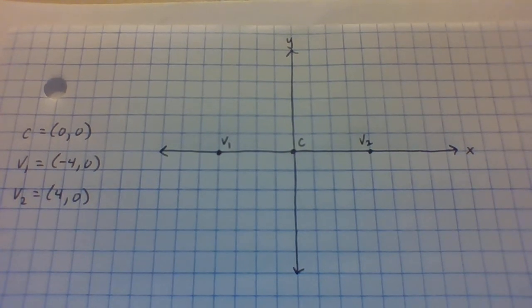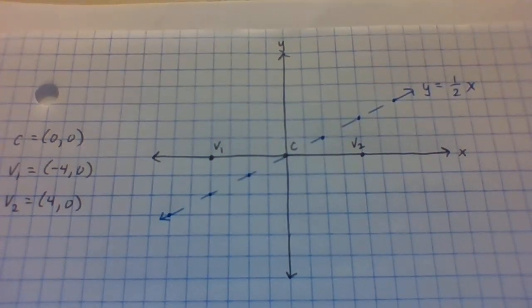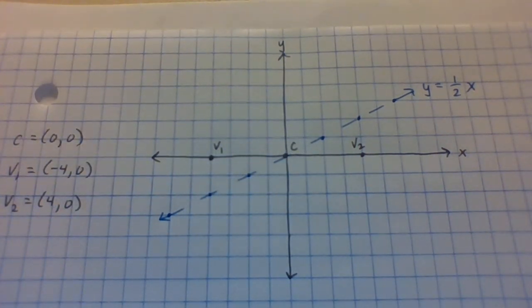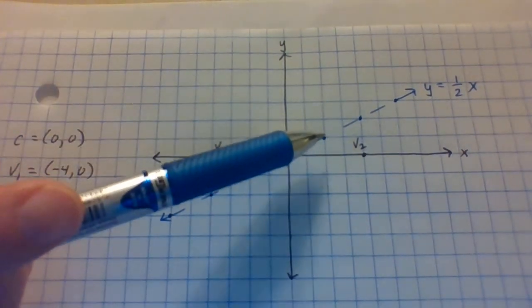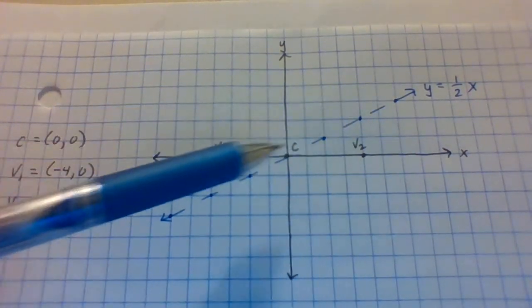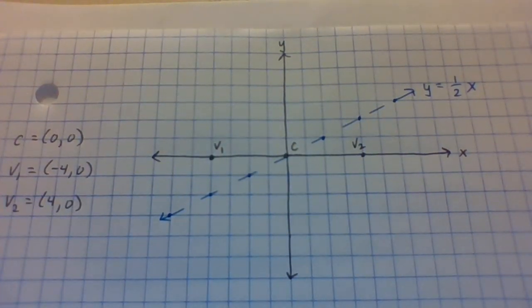Let's graph the equation y equals 1/2 x first. So here's my first one. I started at my center, and in order to graph the equation 1/2 x, I'm counting up 1 unit, and then to the right 2 units. I put a little dot there, and then I did the same thing, count up 1 unit and over 2, and that's where I'm going to draw my dashed line for my asymptote.